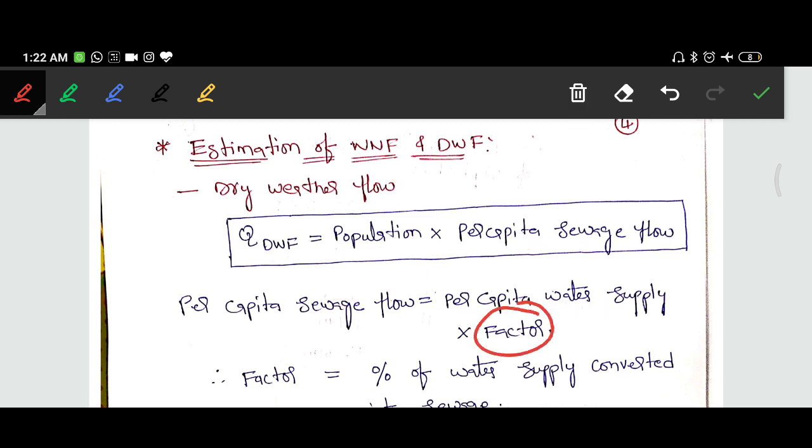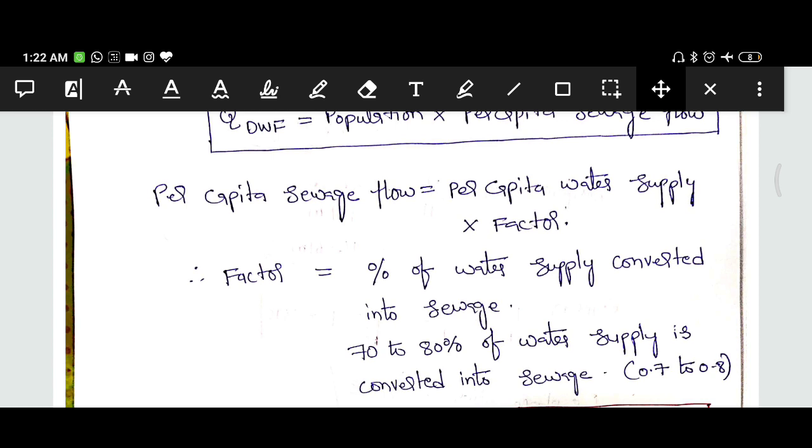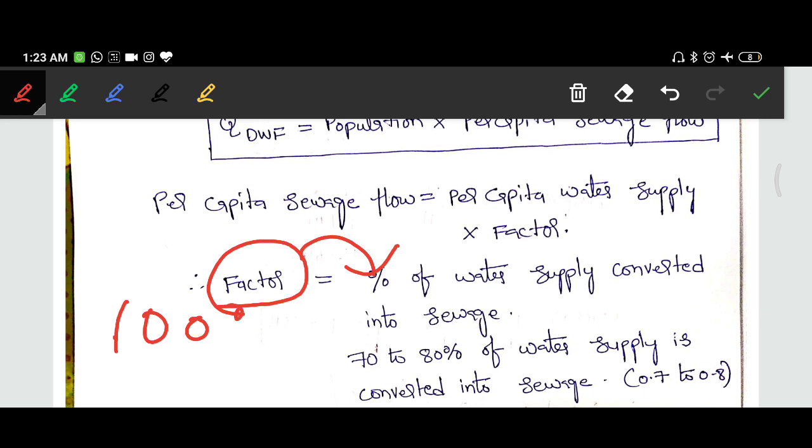So what is the factor, sir? Here you might have a doubt. The factor is nothing but the percentage of water supply converted into sewage. Let us say 100% of water supply is supplied to a particular colony or community.